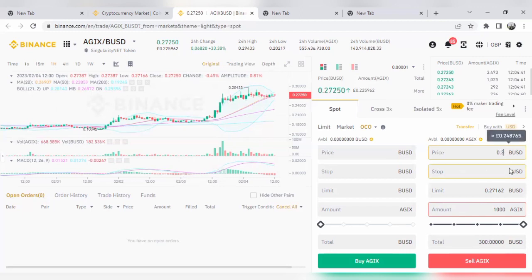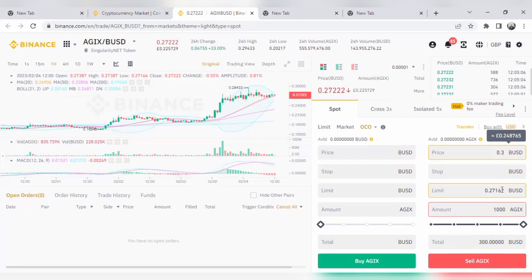Okay, now here you're seeing stop. Now this stop means the stop loss. So at that point where I don't want it to go past, that is where I'm going to put this limit order.